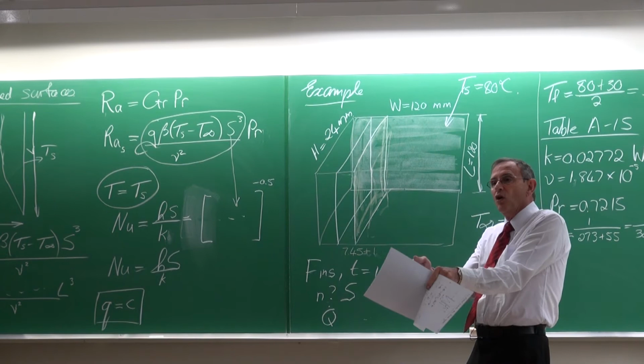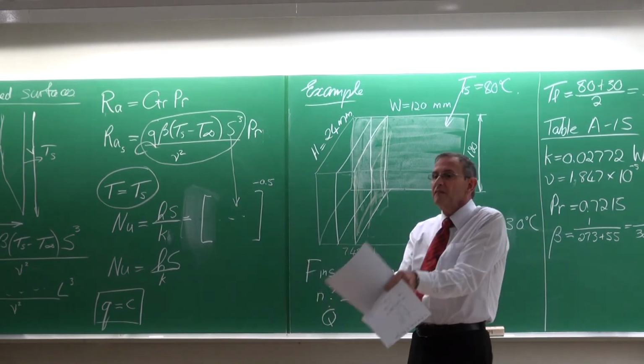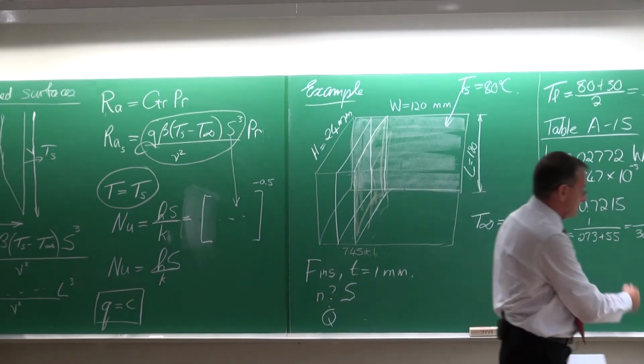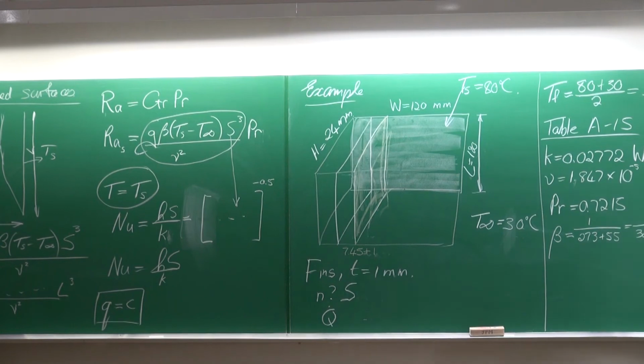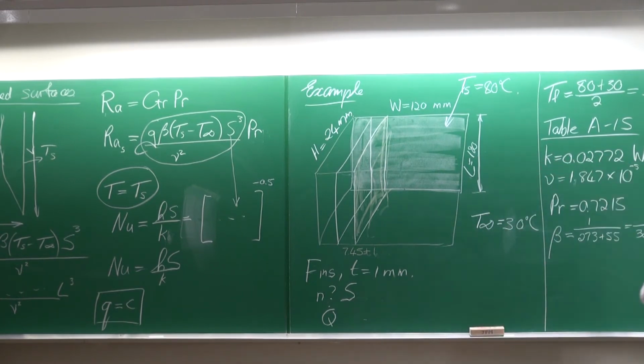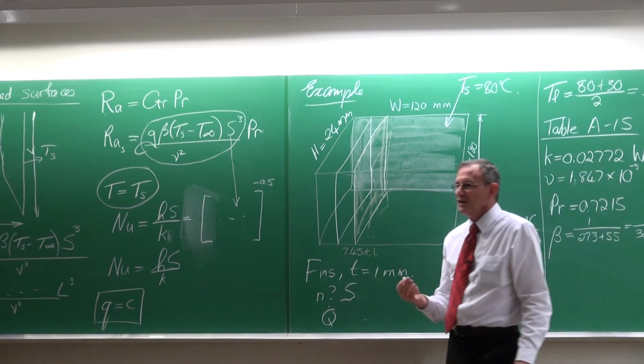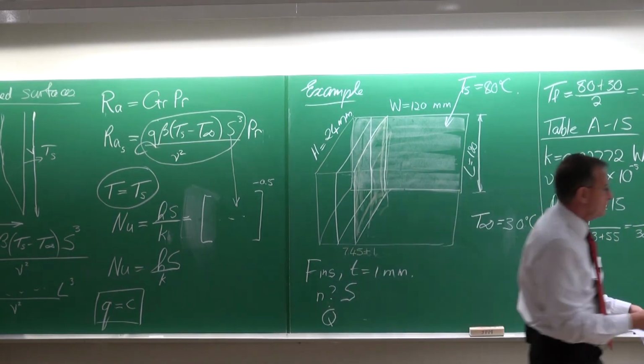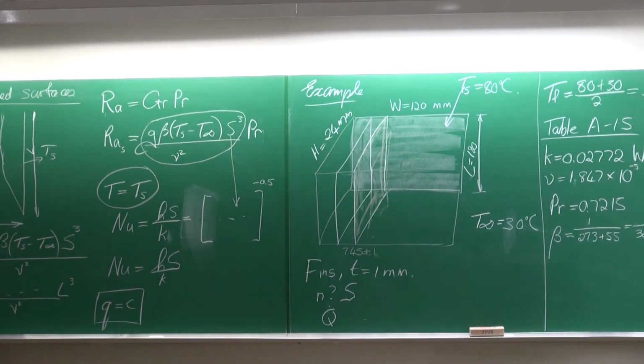So that would be the volume typically of every one of the fins. So that is why I've determined it like this, and the result of that is 12.8 fins.